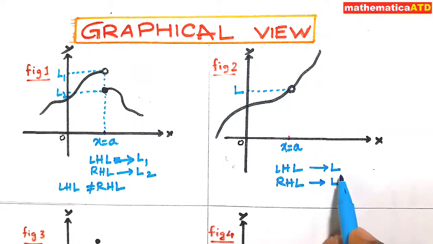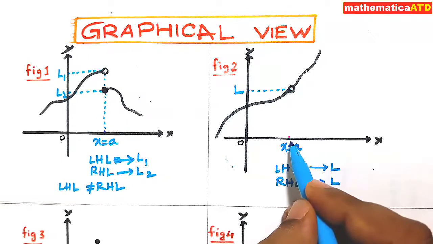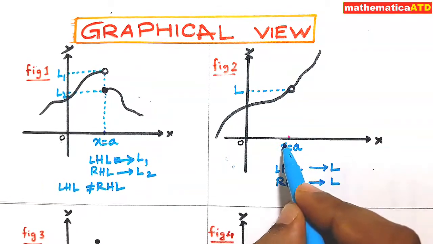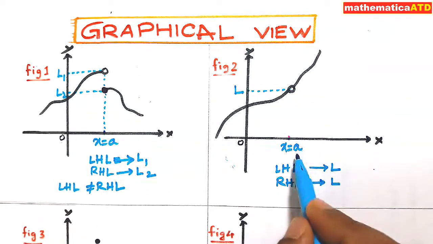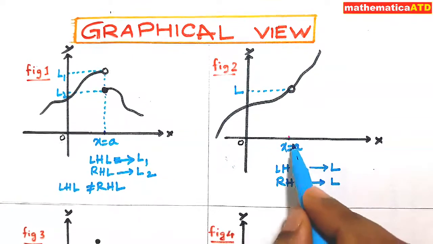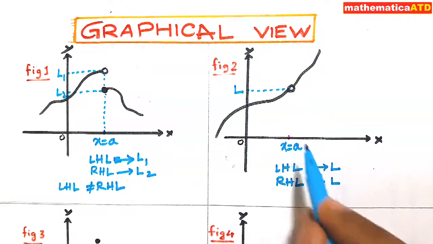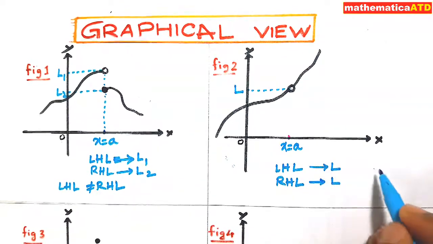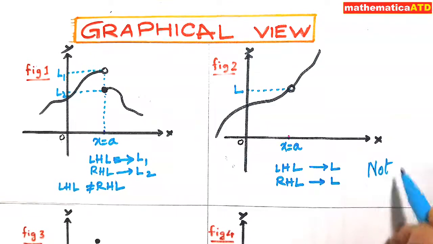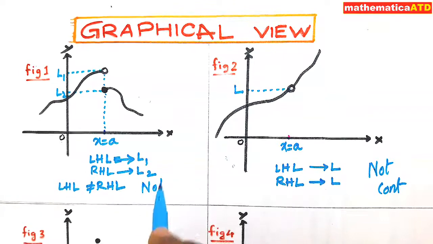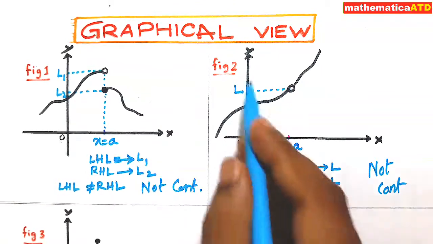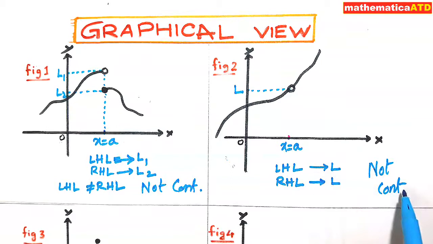LHL, RHL are equal, but f(a) does not exist here. f(a) is not defined here. That means f(x) is not defined at the value x is equal to A. For this, the function is not continuous. The first one also is not continuous. The second figure is also not continuous.